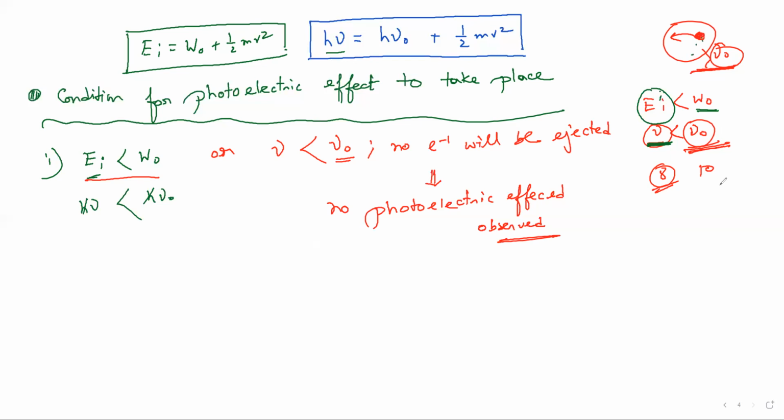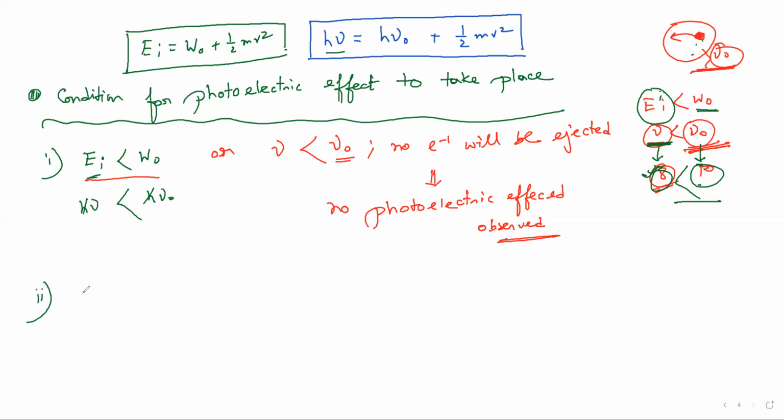Threshold frequency, the minimum frequency required by the metal to eject an electron. Suppose we are taking this value as 10, but you are putting the value 8, then this value is definitely less than 10. So no photoelectric effect takes place, no electron is ejected out, that means no photoelectric effect. Any doubt regarding this part?